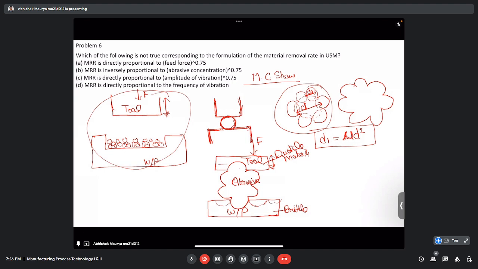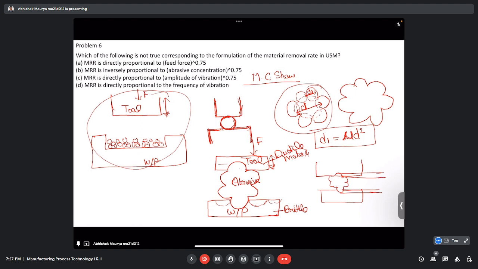If you simplify it a little, this one abrasive particle is indenting the tool material by a small amount.